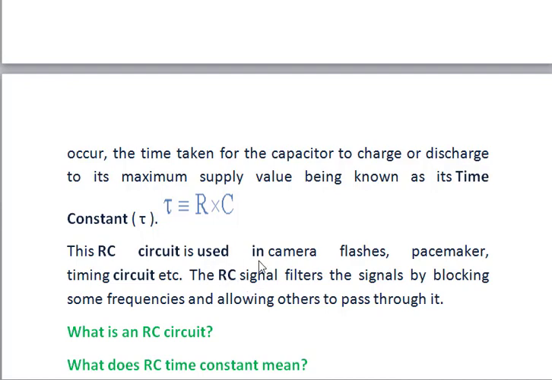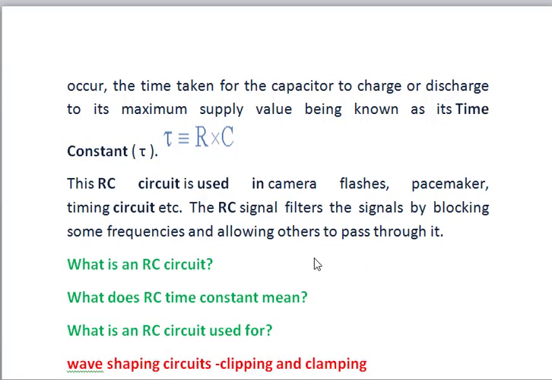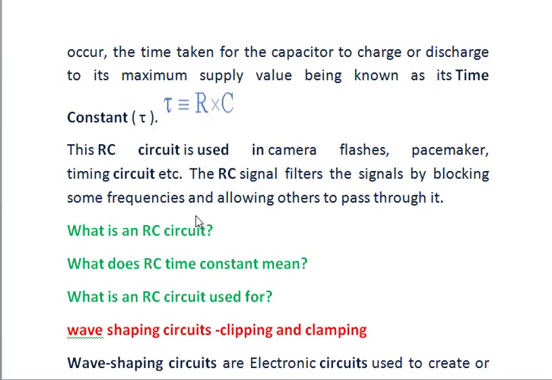The RC circuit is used in camera flashes, pacemakers, timing circuits, etc. The RC circuit filters signals by blocking some frequencies and allowing others to pass through. From this area, we can expect these three questions.